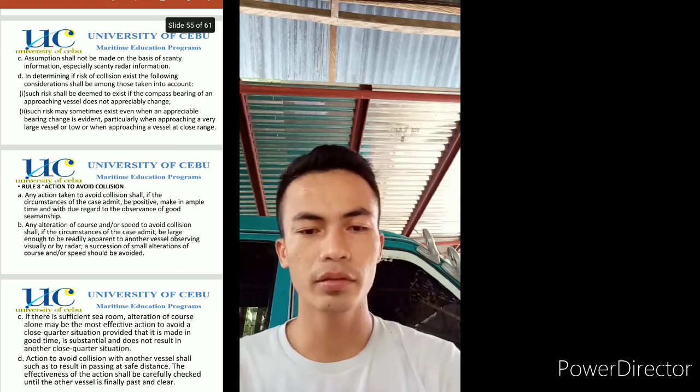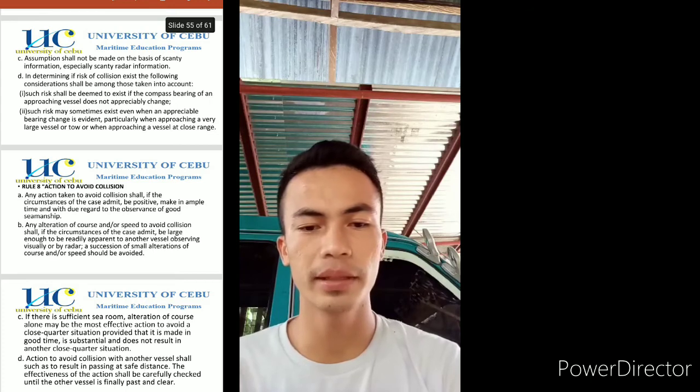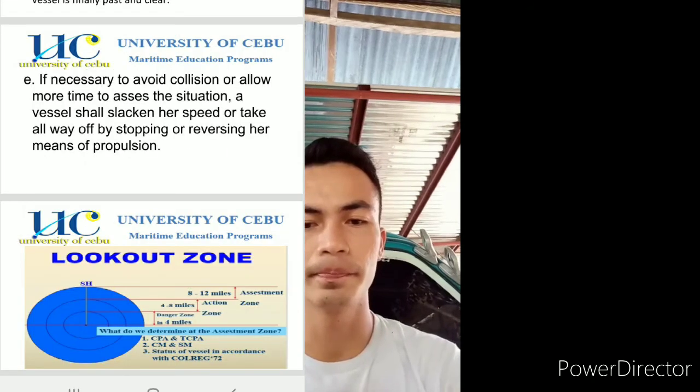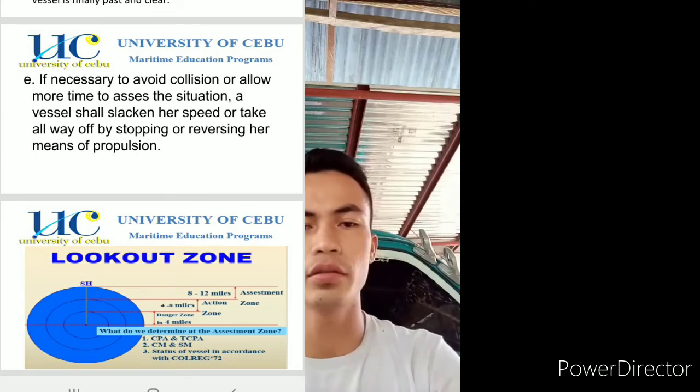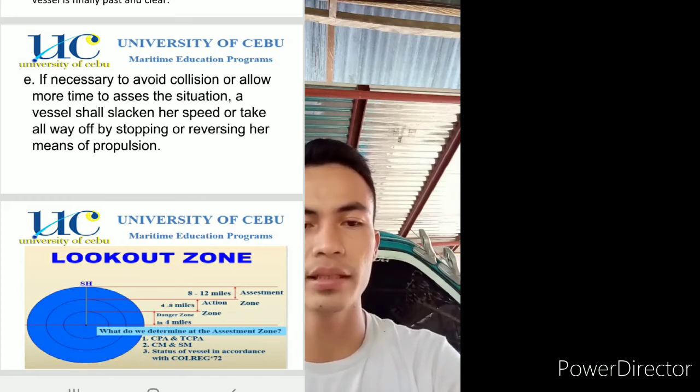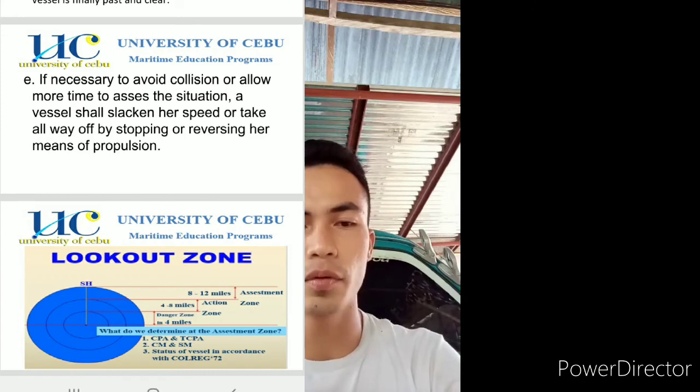Action taken to avoid collision with another vessel, the effectiveness of the action shall be carefully checked until the other vessel is finally passed and clear. If necessary to avoid collision or allow more time to assess the situation, a vessel shall slacken her speed or take all way off by stopping or reversing her means of propulsion.